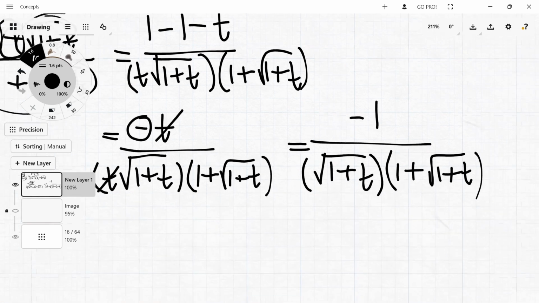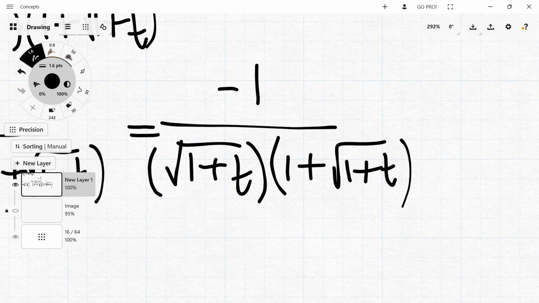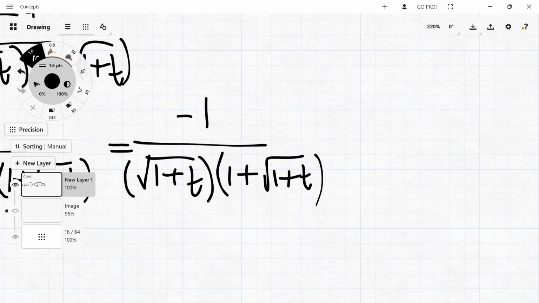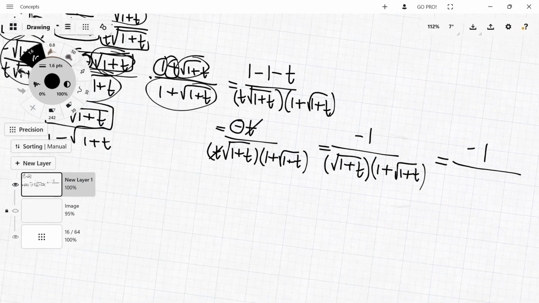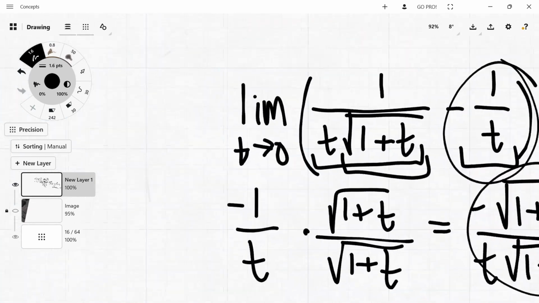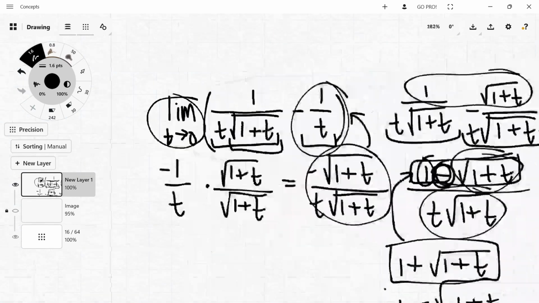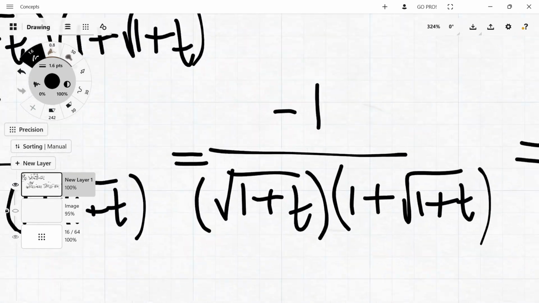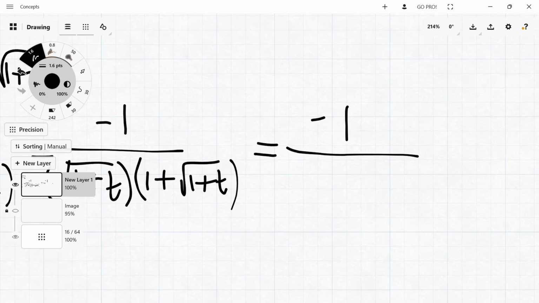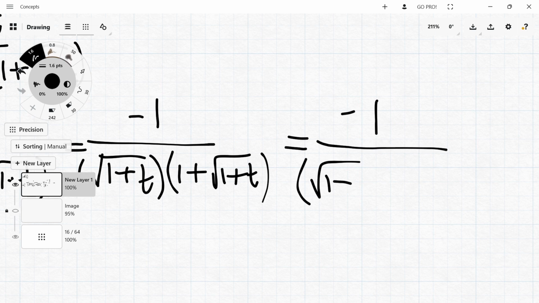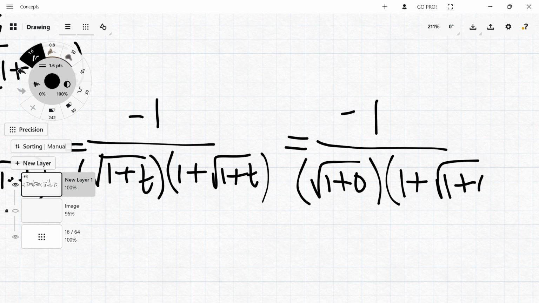Now normally we don't like these square roots in the denominator, but as we can see here, we can directly solve for what we were solving for in the beginning, which was the limit as t approaches 0. So we make t 0 here. We get negative 1 over the square root of 1 plus 0 times 1 plus the square root of 1 plus 0.